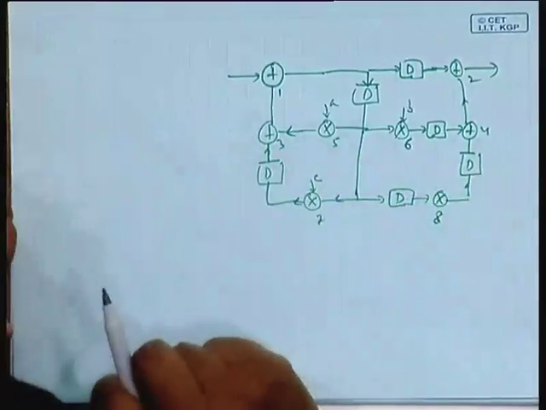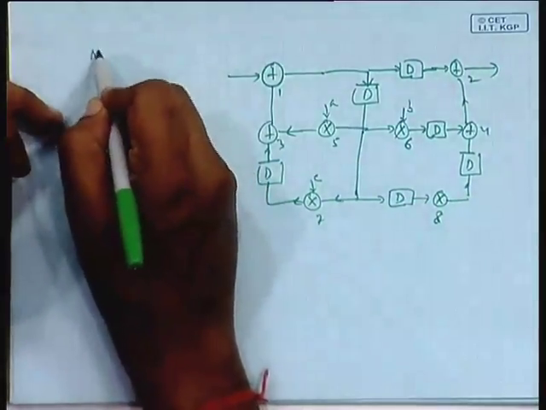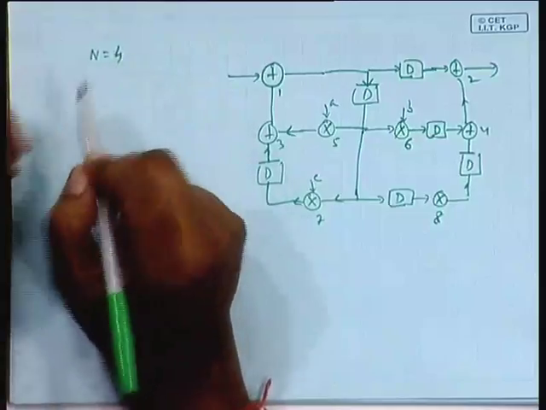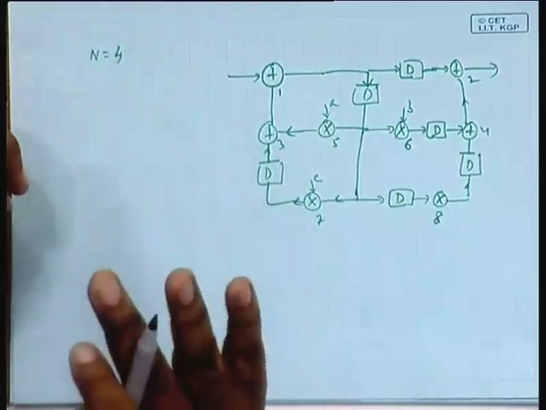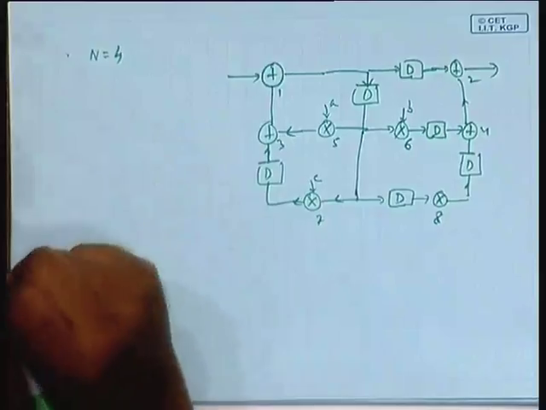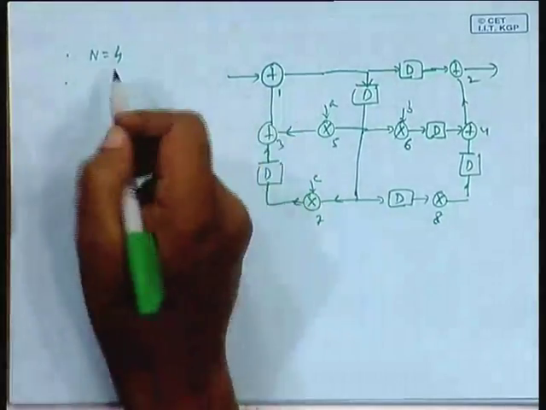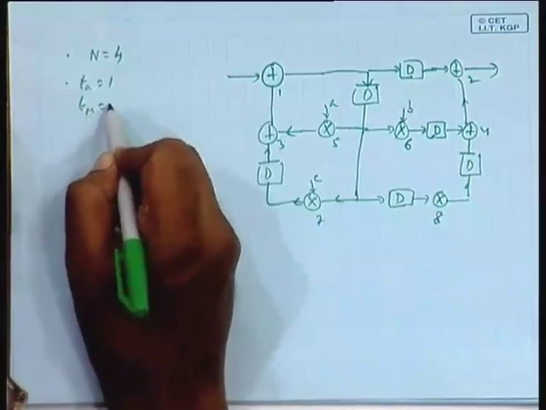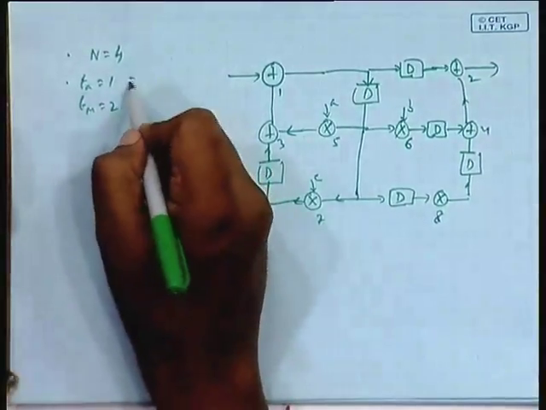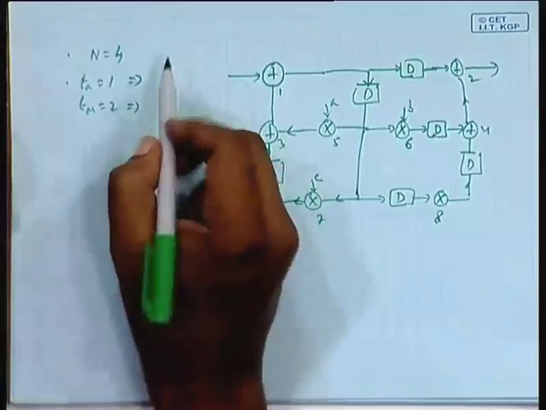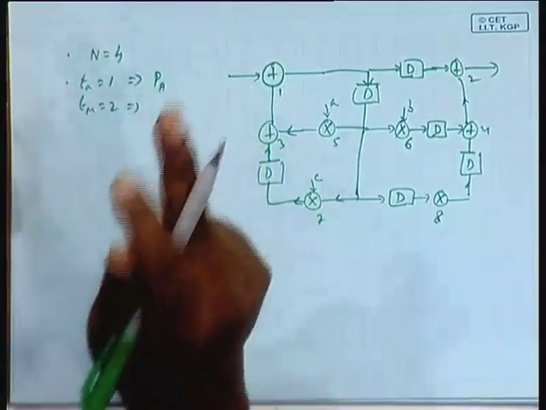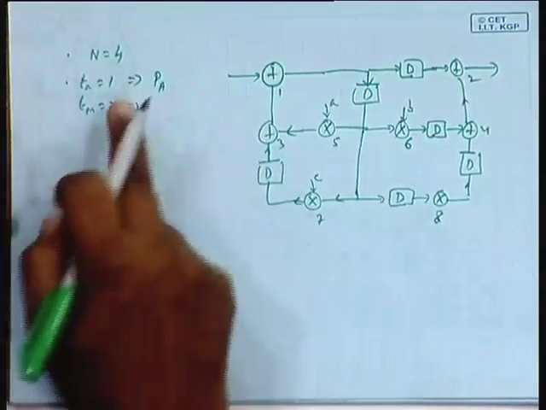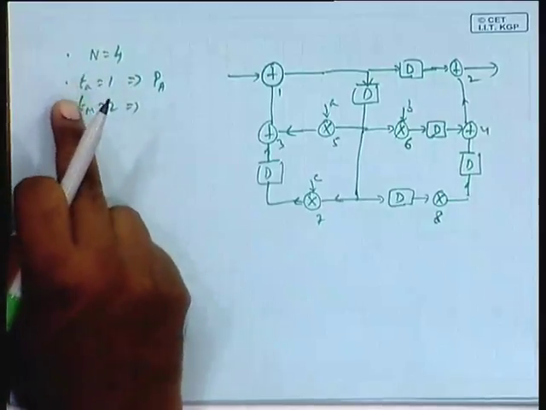Now, this is given to me. The factor is given: we fold it by a factor of 4, because there are 4 adders and 4 multipliers, so take N equal to 4. Then it is given that the adder takes TA of 1 unit, TM of 2 units, and you use PA, the number of pipelining latches for pipelining the adder.